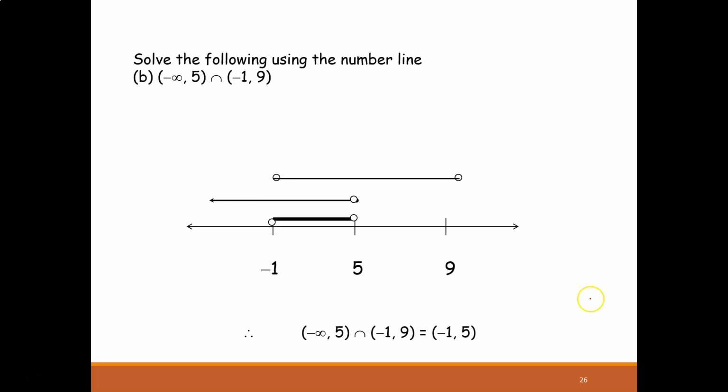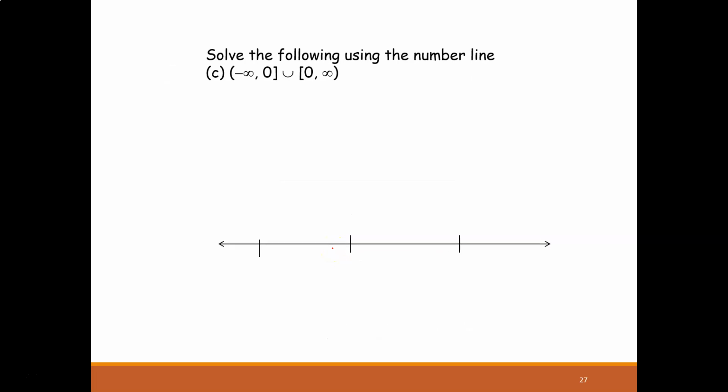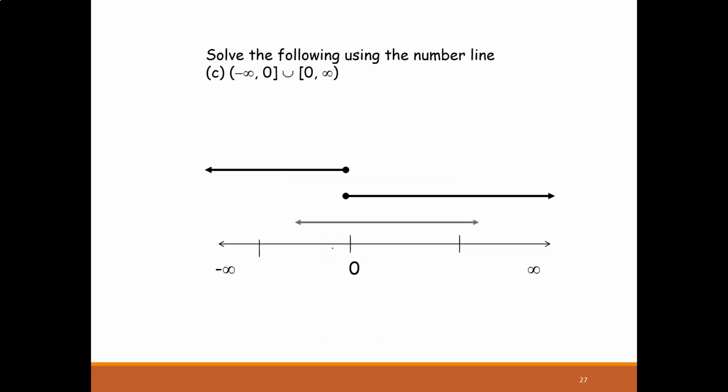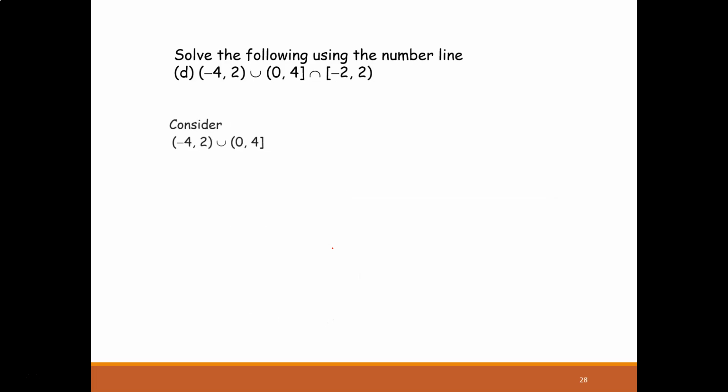It's quite similar. You just need to apply the intersection. Which one is the intersection? Which one is the union? Okay. It's quite a lot of examples. So I will let you try it on your own.